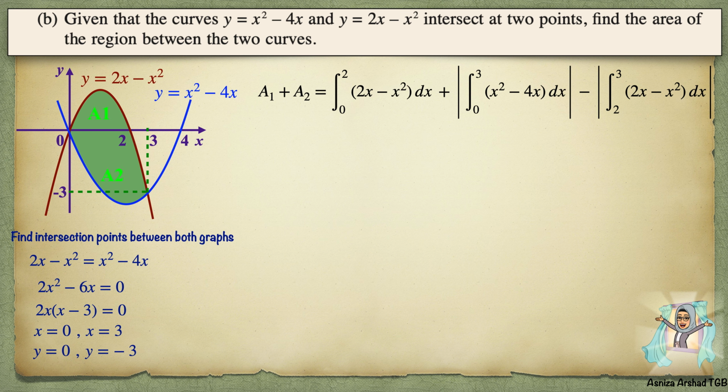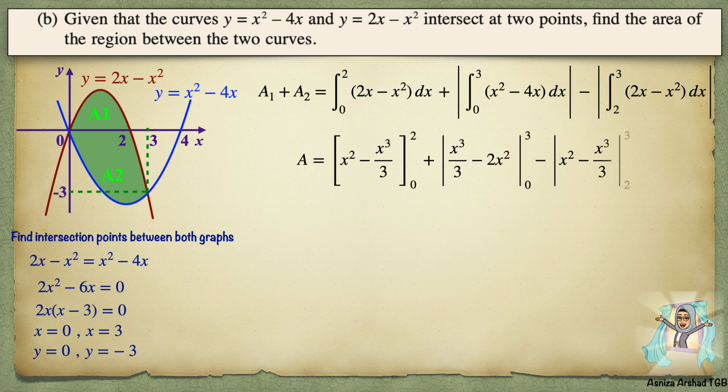Okay, let's integrate. So we have to find x squared minus x cubed over 3, the integral values with limits 0 to 2, plus x cubed over 3 minus 2x squared with limits 0 to 3, and minus 2x squared minus x cubed over 3 with limits 2 to 3.